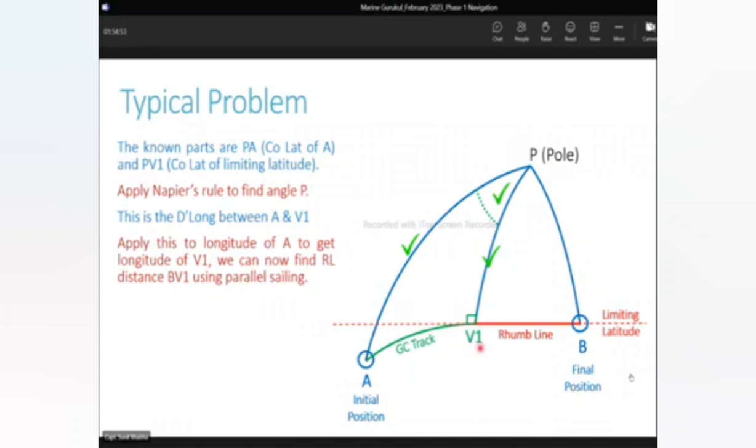Now when we get the longitude of vertex 1, we are able to easily calculate the rhumb line distance BV1 also. We have the longitude of vertex 1 known to us, and we have the longitude of our destination, final position B. So we can calculate the D long between B and V1.